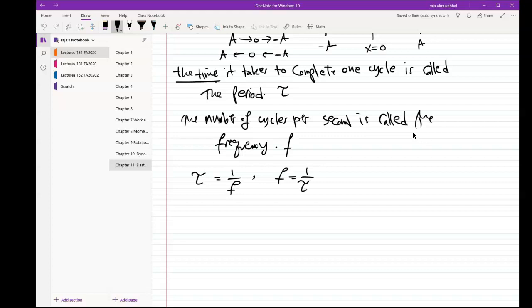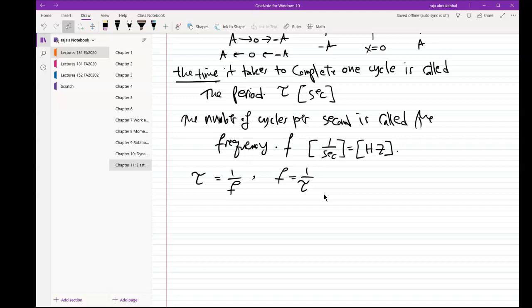Now you can imagine the unit of the period is second, and the unit of the frequency, as you can see in this equation right here, is 1/second, correct? And we refer to this 1/second as the hertz, Hz. Got it? Hertz.